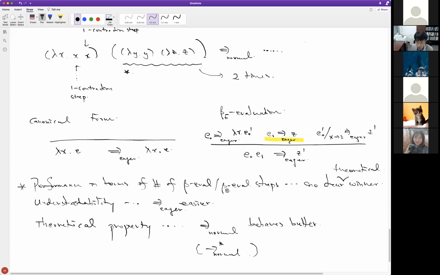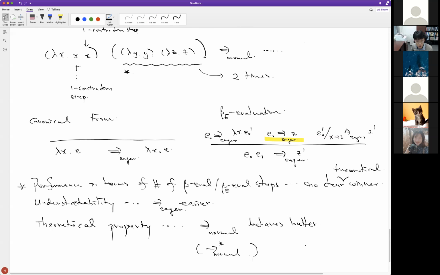Normal order evaluation has the same property. If it's possible to get a canonical form for some expression, normal order can give it, but eager may fail. And if eager gives us an answer, normal always gives the same answer. So normal can evaluate more than eager. That's a nice theoretical property, and some semantics become a bit simpler as well.